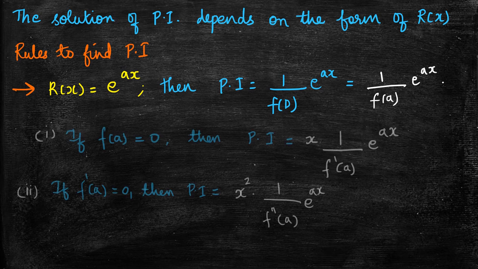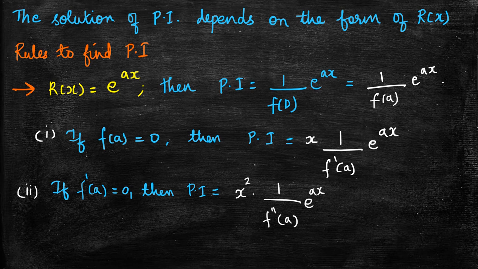If in case f of a goes to 0 after substituting the a value in your d terms, then your PI will go to infinity, and we do not need such kind of answer. So we do another thing: if f of a is equal to 0, then my particular integral will become x into 1 by f prime of a.